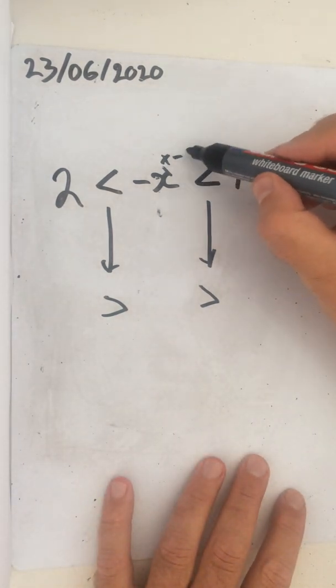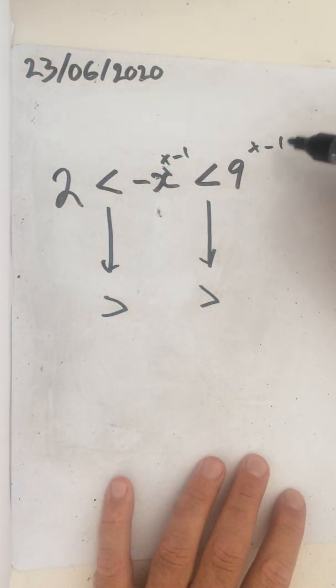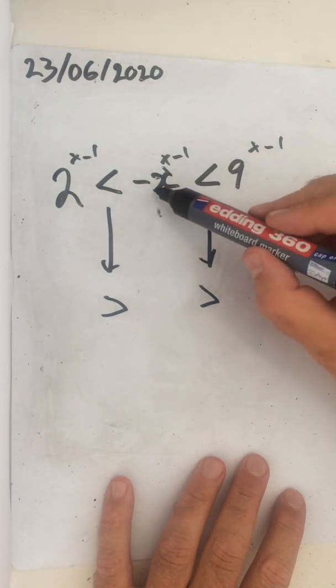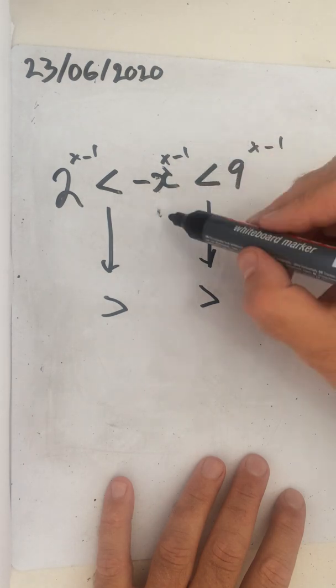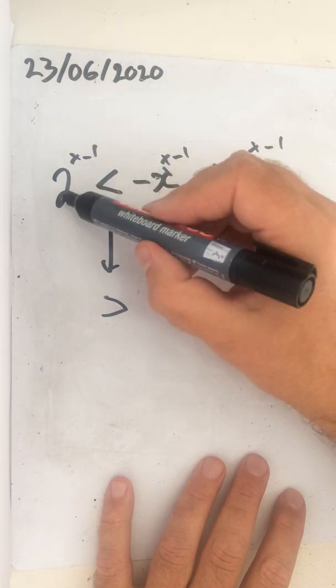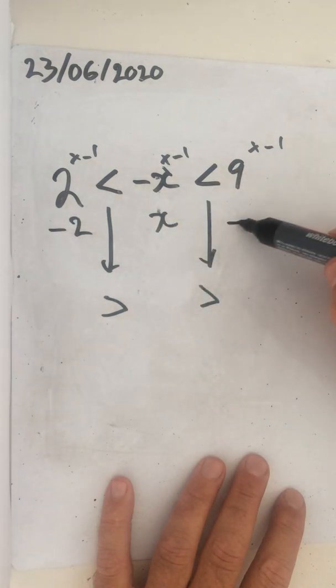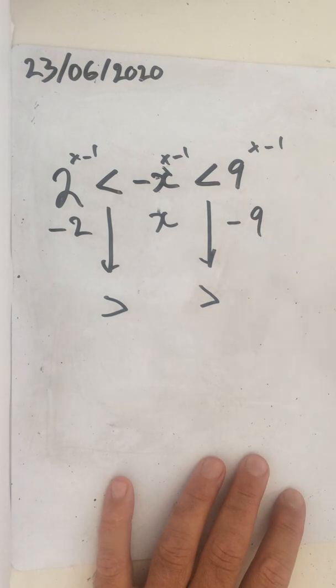So I'm going to times that by -1, so I have to do the same, times by -1 there. So minus x times -1, now I've got x, 2 times -1 is -2, 9 times -1 is -9.